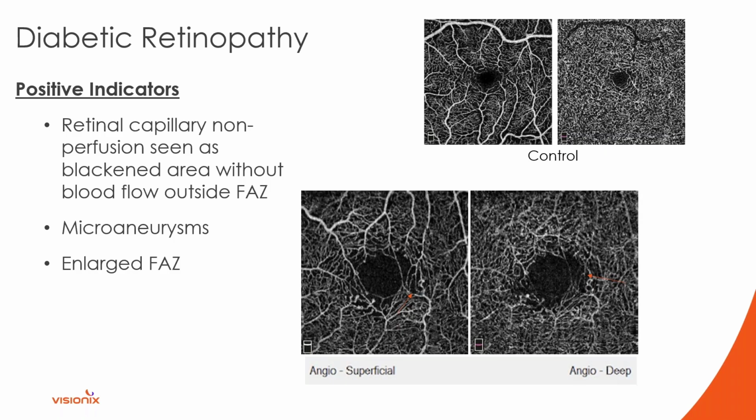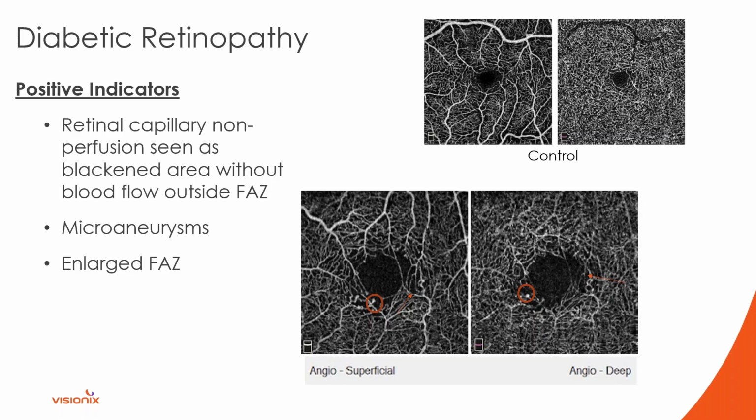The second thing are microaneurysms, which are capillary outpouchings. Something to keep in mind is that in a microaneurysm, the blood is still within the blood vessel. It is an outpouching of the blood vessel. Think about a hemorrhage. In a hemorrhage, the blood has left the blood vessel.